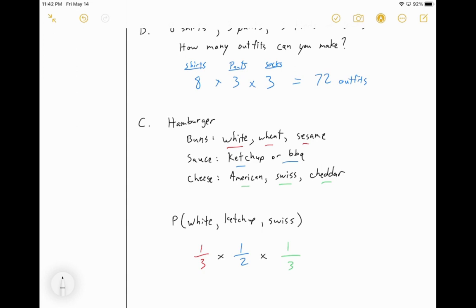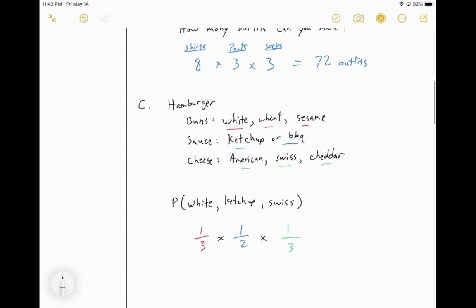The probability that you would have chosen the right burger is 1/3 times 1/2 times 1/3. So 1 times 1 times 1 on top is 1. 3 times 2 times 3 is 18. You have a 1 in 18 chance of getting it right. Percentage wise, not great, but hey, there's a lot of different choices out there.